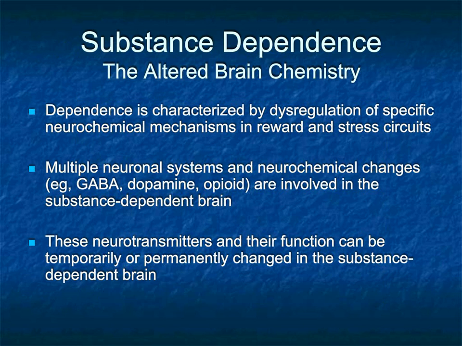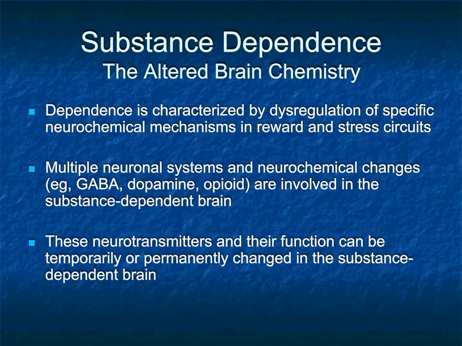So I'm going to, as I said, gloss over some of this stuff, but these slides are there for you, and I'm sure most of you as drug dependence professionals will understand most of this anyway. Basically it's an alteration of the brain chemistry, and it involves multiple neuronal systems, biochemical changes, and the GABA glutamate balance is very, very important in this.